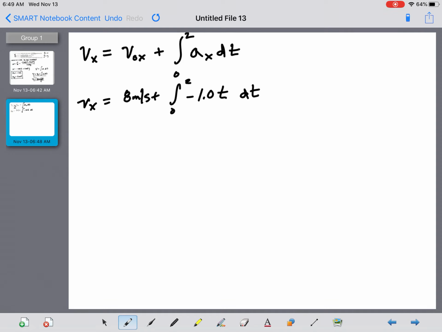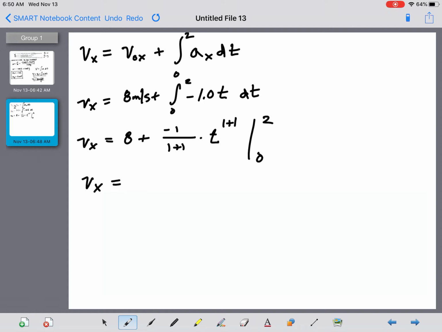Now I take the integral of this, so I get velocity in the x equal to 8 plus negative 1 divided by 1 plus 1 times t to the 1 plus 1, from 0 to 2.